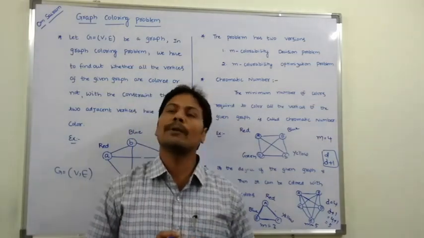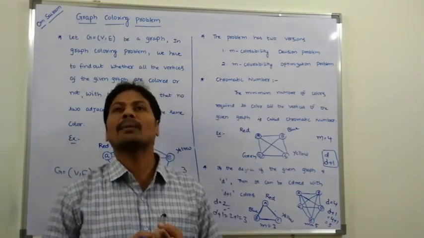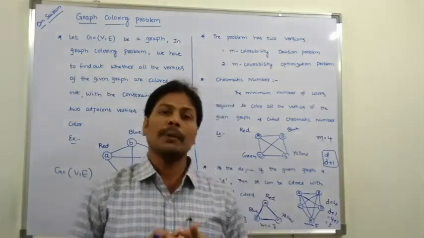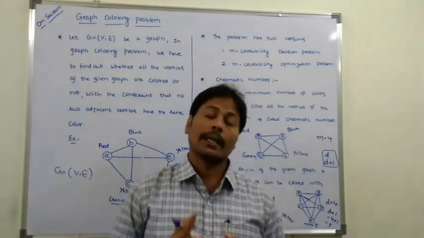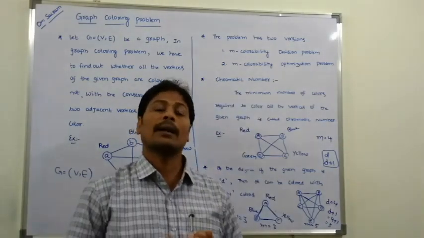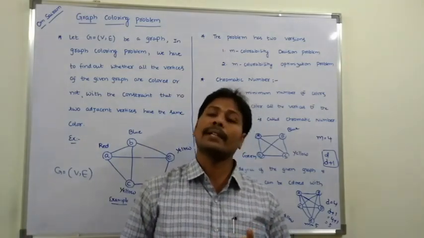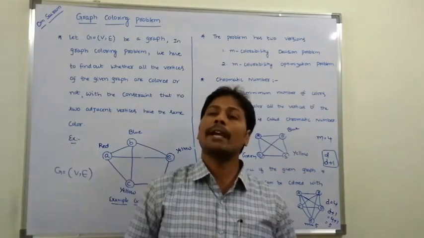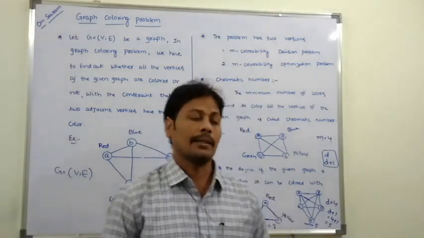A complete graph can be denoted by K. K1 is the complete graph containing a single vertex. K2 is the complete graph containing 2 vertices. K3 contains 3 vertices. K4 contains 4 vertices. K5 contains 5 vertices.